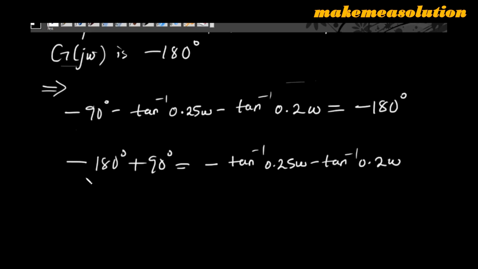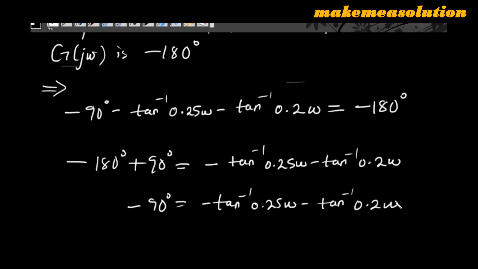So minus 90 degrees equals minus tan inverse of 0.25 omega minus tan inverse of 0.2 omega. If you multiply by minus 1, you have 90 degrees equal to tan inverse of 0.25 omega plus tan inverse of 0.2 omega.